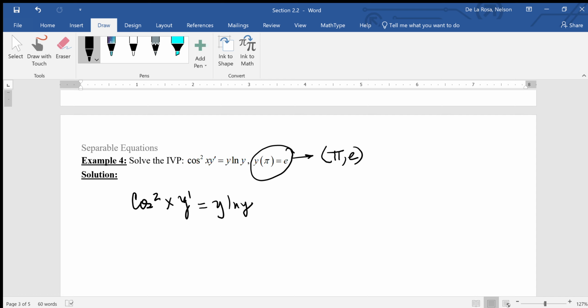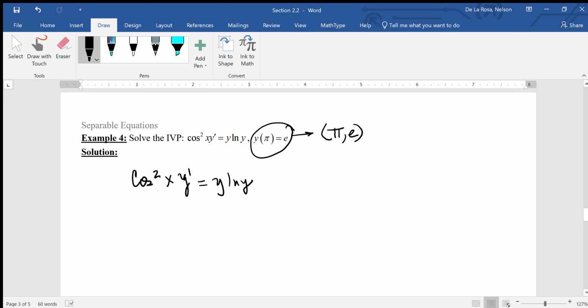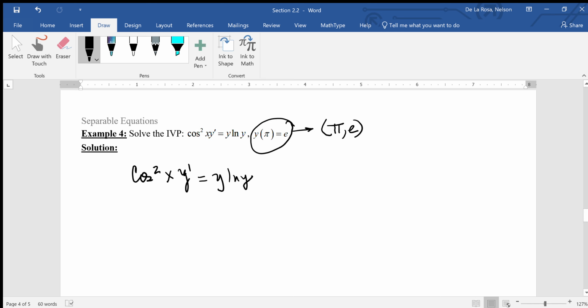So we should try, using the separable method, to solve the equation. So recall y prime is the same as dy dx, derivative of y with respect to x, equals y ln of y.